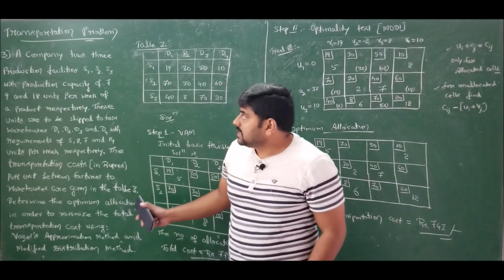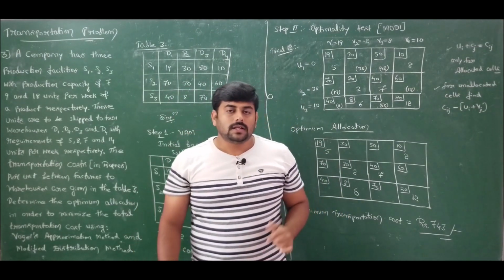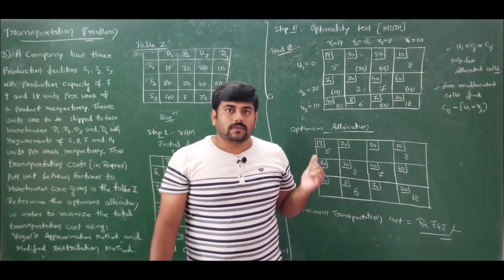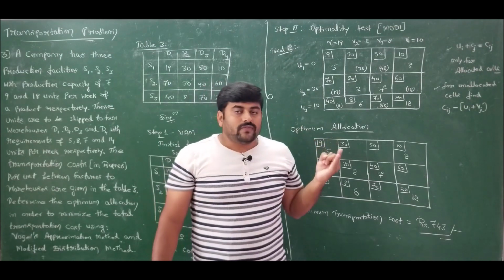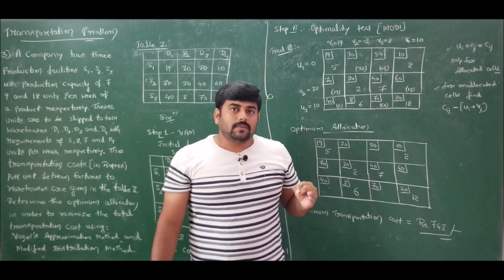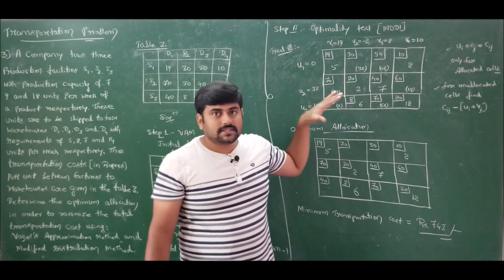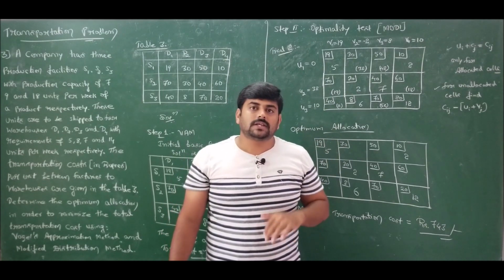The same problem is solved in the previous lecture by using northwest corner rule and stepping stone method. Now we have solved using Vogel's approximation and modified distribution method. If you observe, Vogel's approximation and modified distribution method are considerably faster when compared to stepping stone method. Modified distribution method is fast, and compared to northwest corner rule, Vogel's approximation method is fast.